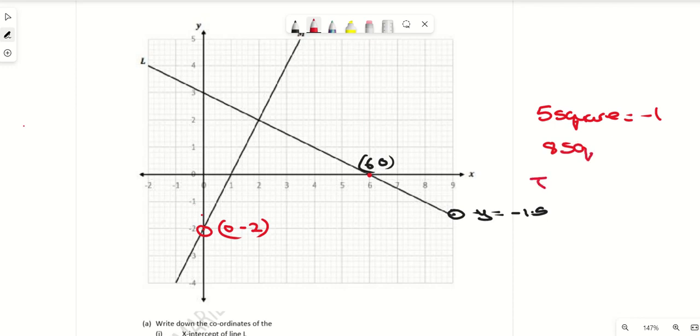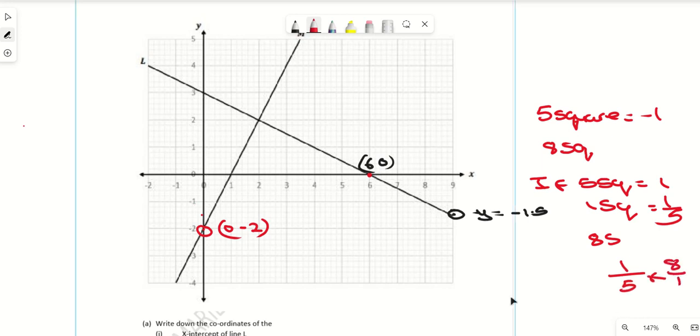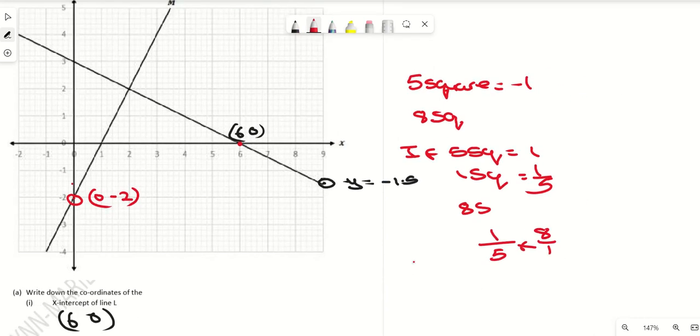So if 5 squares is equal to 1, 1 square would be 1 over 5, and then you find for 8 squares, which is 1 over 5 multiplied by 8 over 1, so that is 8 divided by 5.